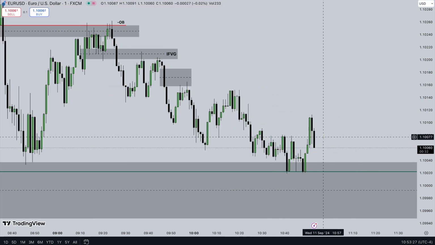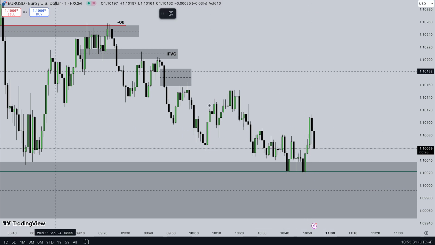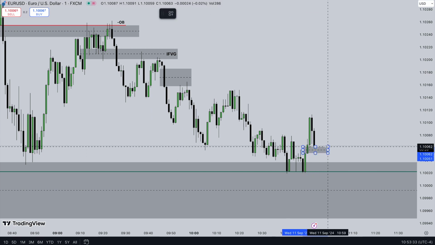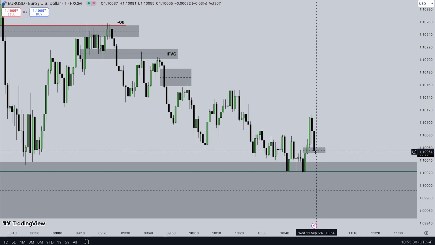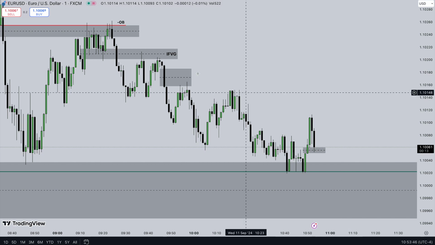Now, as you can see, there's a market structure shift, returning back to an inefficiency right here. But at the same time, we are not interested in it because price has already given us our target. So it might go up from here or it might not. You see the rejection right here?